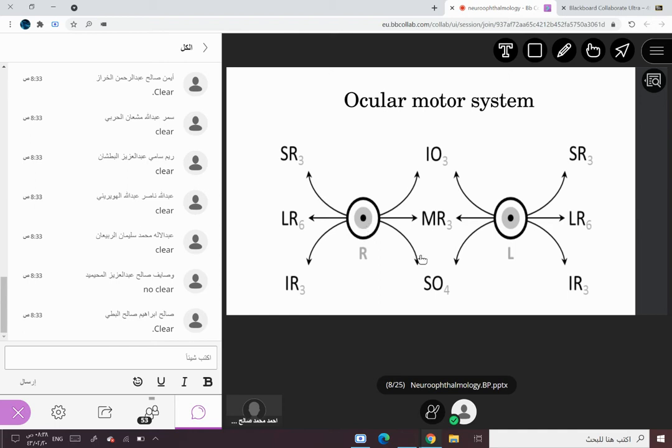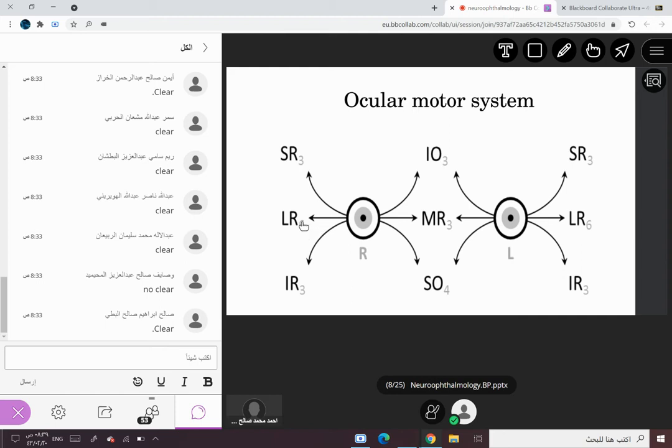So we have the right eye and the left eye, as if we are examining someone. All extraocular muscles are supplied by the third cranial nerve, except the lateral rectus and superior oblique.